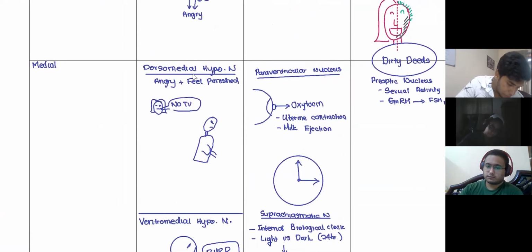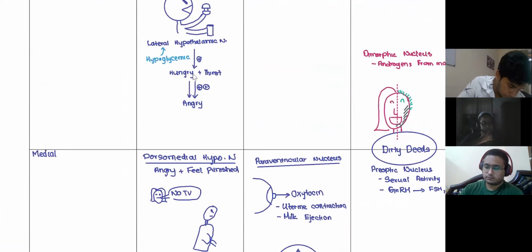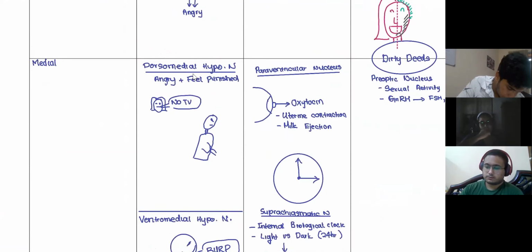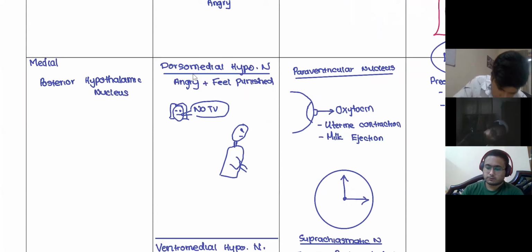Now the medial nucleus of the mammillary area. Posterior hypothalamic nucleus.